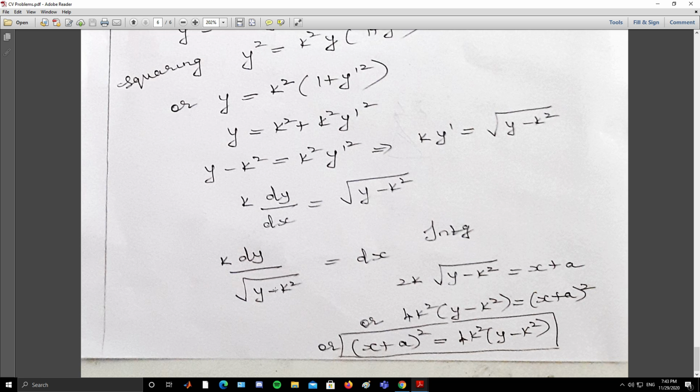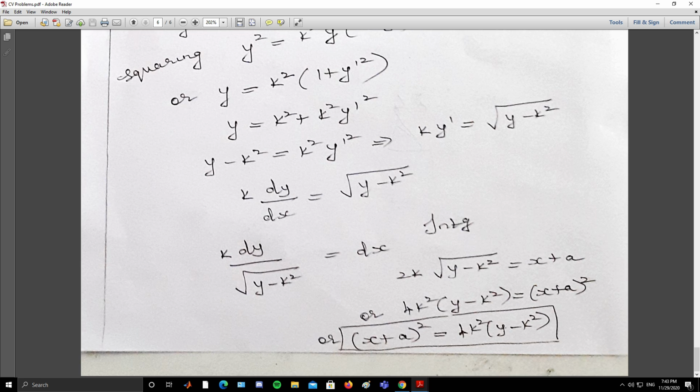So k dy by root of y minus k square equals dx. Integrating, 2k into root of y minus k square equals x plus a, or squaring both sides, 4k square into y minus k square equals x plus a whole square, or x plus a whole square equals 4k square into y minus k square. So this is the equation of the parabola.